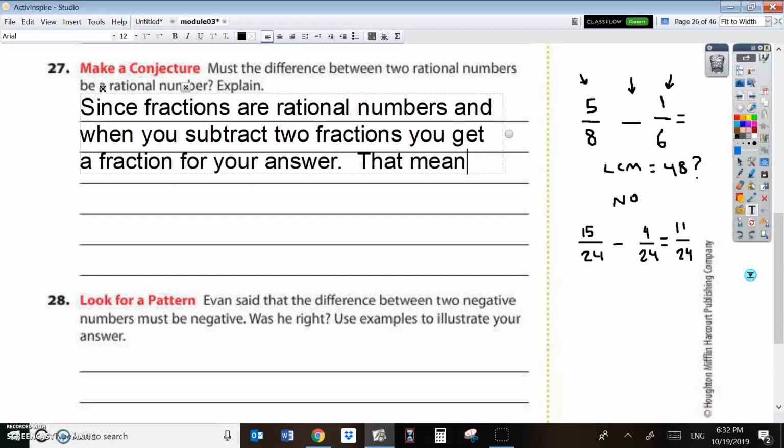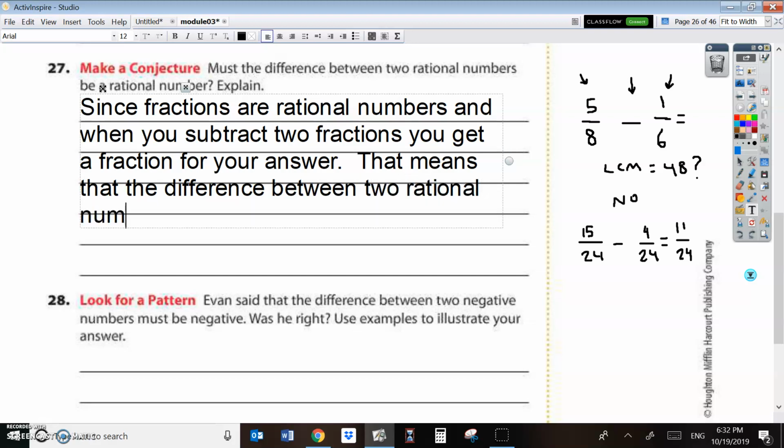That means that the difference between two rational numbers will be a rational number.